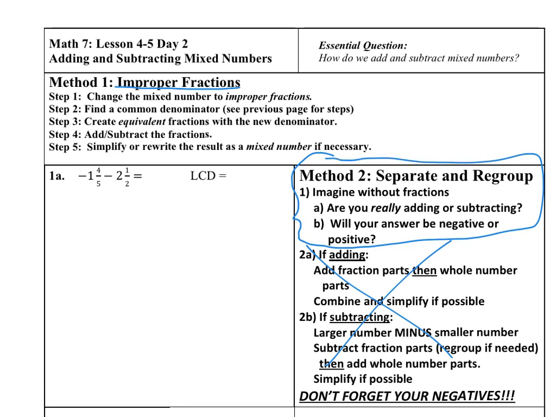What this is saying is we want to use our brains to estimate what our answer is going to be. In order to do that, we're going to imagine our numbers without fractions. So if I come over here to negative 1 4/5 minus 2 1/2, let's just say we could scratch out our fraction pieces. Get rid of those for a minute.